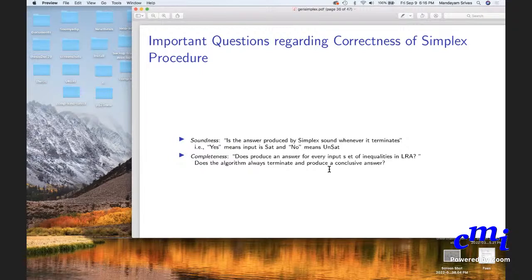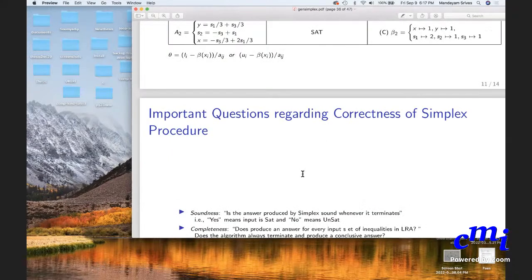Showing this formally would be quite instructive, but I will try to convince you through a semi-formal argument as to why the simplex procedure always terminates, and when it terminates, if it produces a SAT, that indeed is a legal satisfying assignment, and when it says no, it means that there is no satisfying assignment.